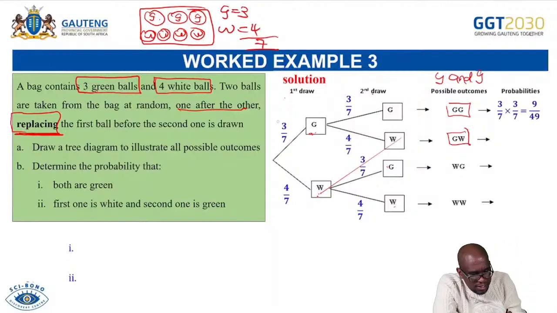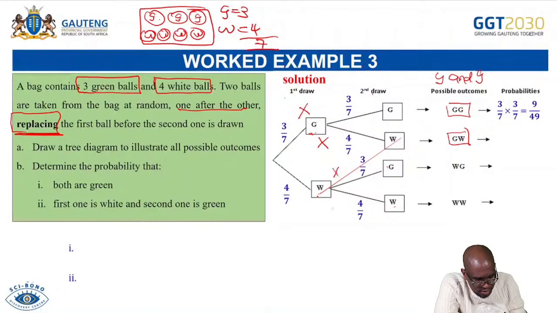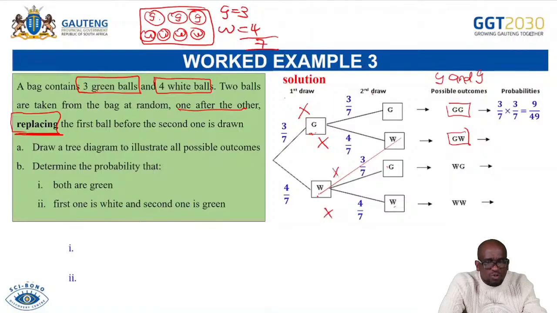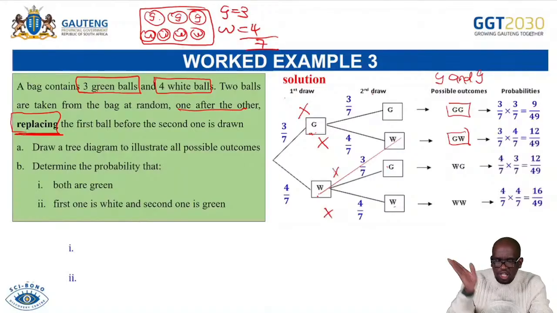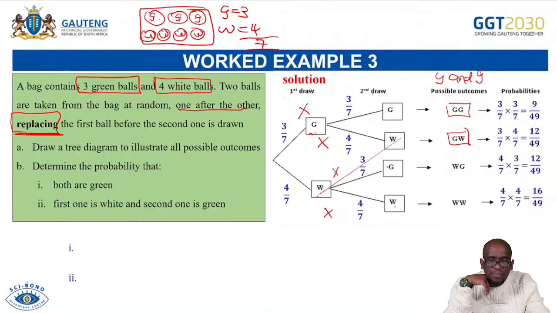Now, we can multiply. Along the branches, we multiply. All right? Along the branches, we multiply those probabilities. So we can multiply there and get the probabilities for each sub-branch there. All right? Now, let's answer the questions.